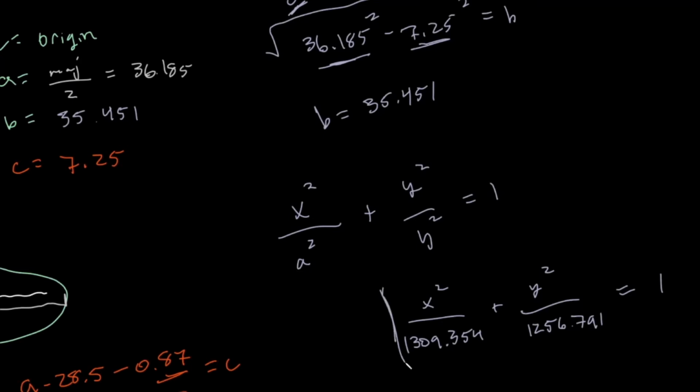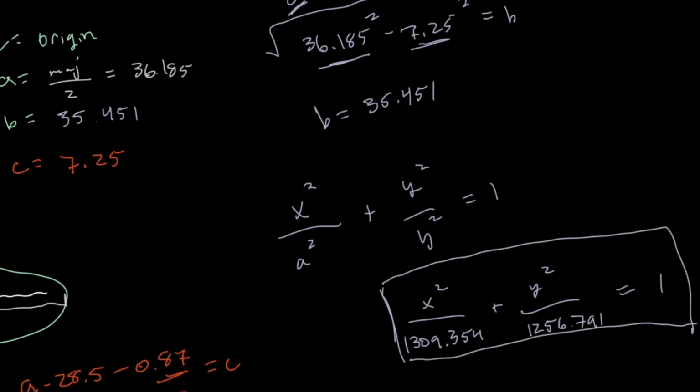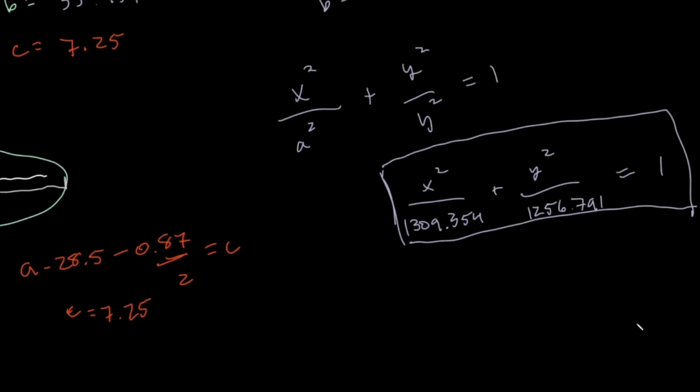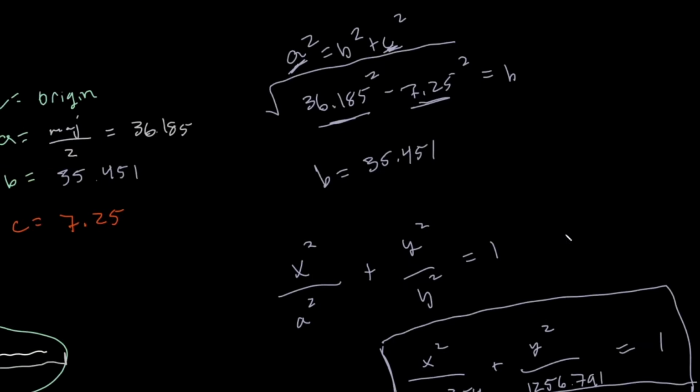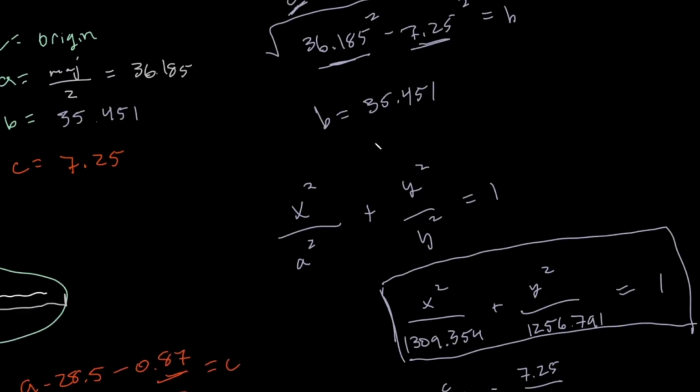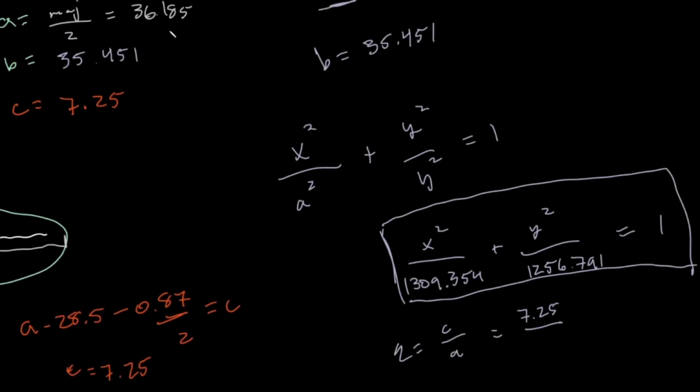And we can calculate eccentricity knowing A and C. So eccentricity equals C over A. And that is 7.25 divided by, yeah, 1 second, Hugh, I'll answer that question. 36.185.